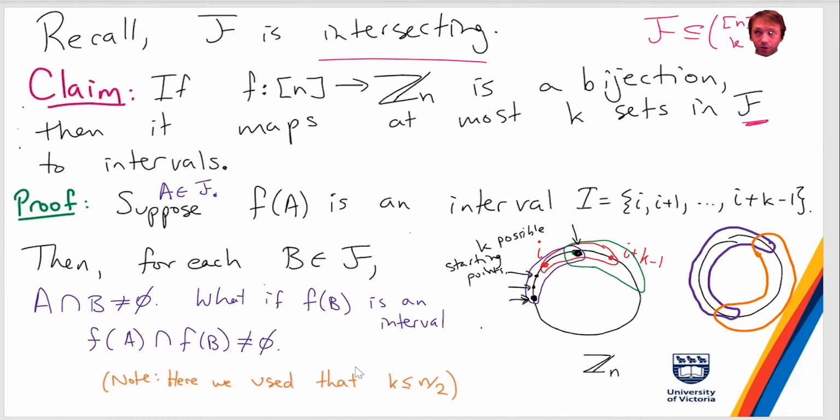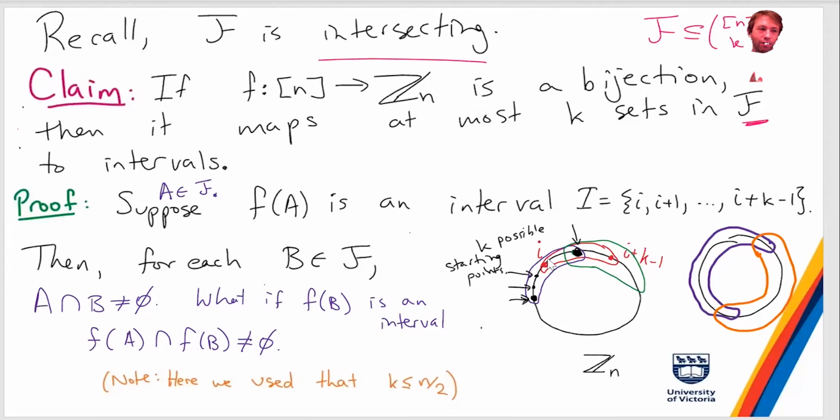If there was already an element that's in every set, we'd actually be done. So actually, we're not going to assume anything like that. But if there was, you actually will get one point that's in all of them, because if I take the furthest interval this way, maybe my video is mirrored, I don't know, that point will end up being in all of the sets that map to intervals.